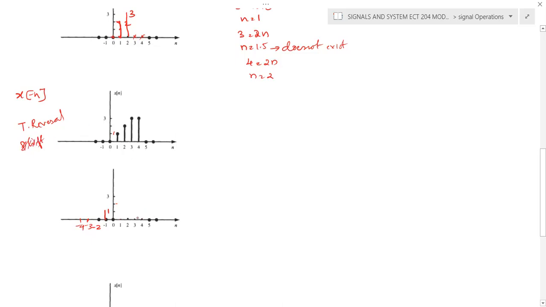At n is equal to 2, the signal magnitude is 2, so it becomes -2. At -2 you will get 2. At -3 you will get 3, because at 3 it's simply 3. At 4 it's 3.